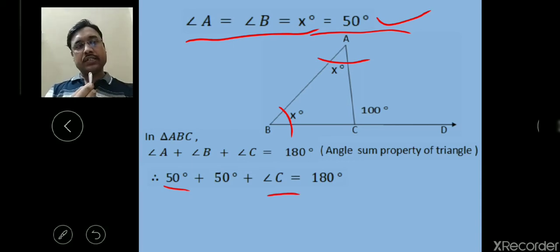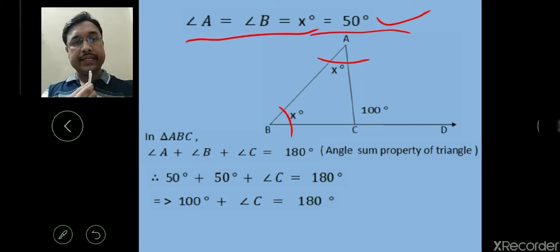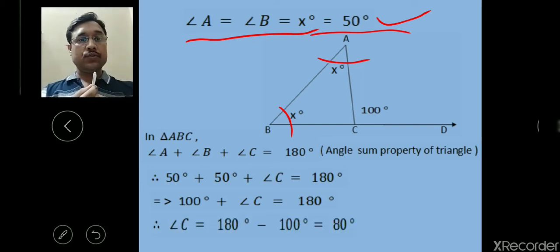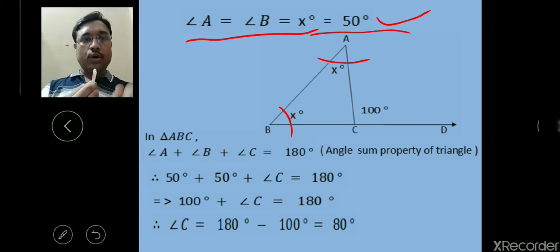Now the next step: 50 plus 50 is 100, so 100 plus angle C equals 180 degrees. Next, angle C equals 180 minus 100, because the 100 is plus on the left side, so on the right side it will be minus 100. Its sign will change when you change the side of the equation.